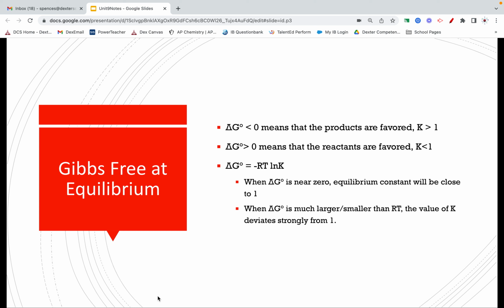So if K is 1, we know we have no favorability to one side or the other, and it's just at equilibrium. The greater than 1 K is, the more the forward reaction is favored. The smaller, the more the reverse reaction is favored. Remember that from equilibrium; it still applies to Gibbs.